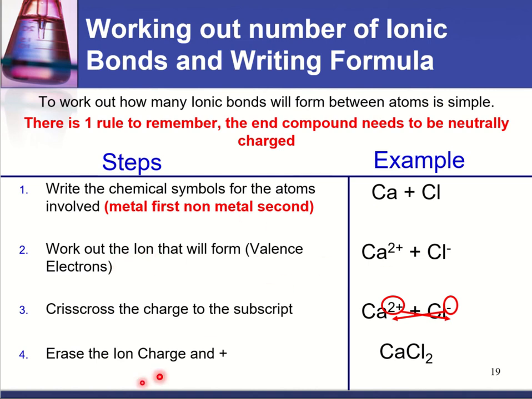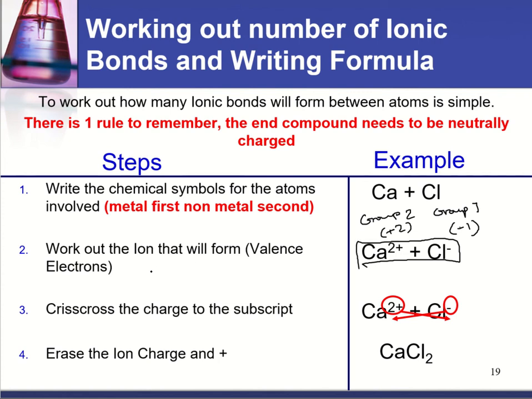Now, calcium is in group 2. Chlorine is in group 7. So from what I said before, calcium is going to lose 2 electrons. Chlorine is only going to gain 1 electron. So that's what we have here.